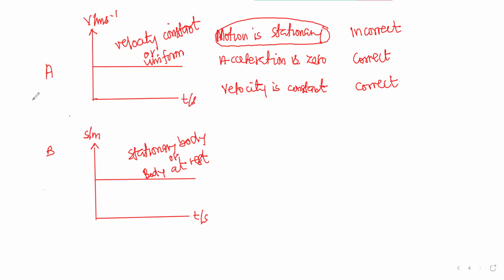Another question. What is the difference between these two graphs? This is a displacement time graph. The graph is such that it is like this.